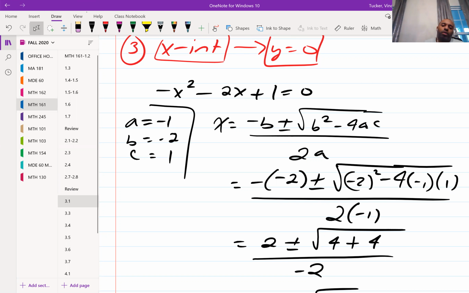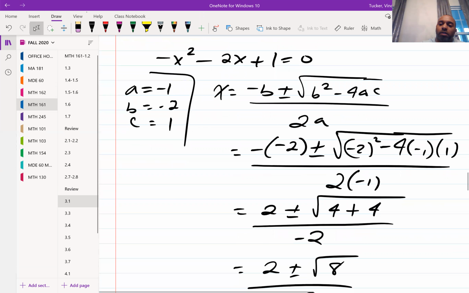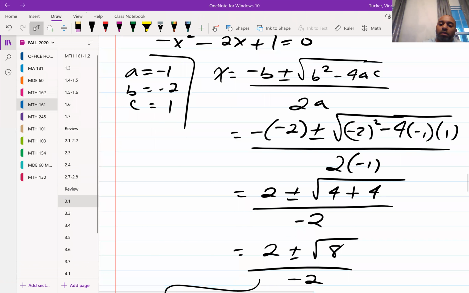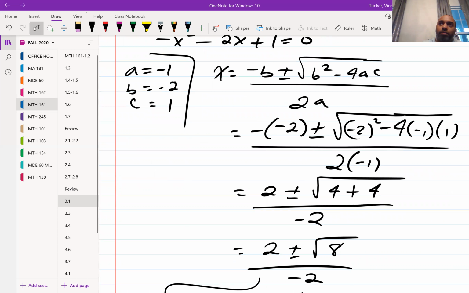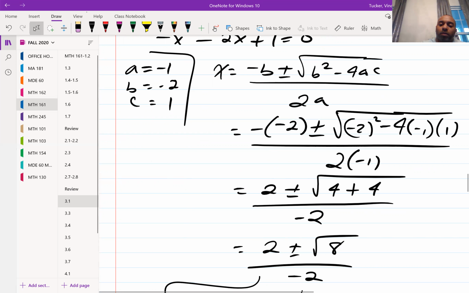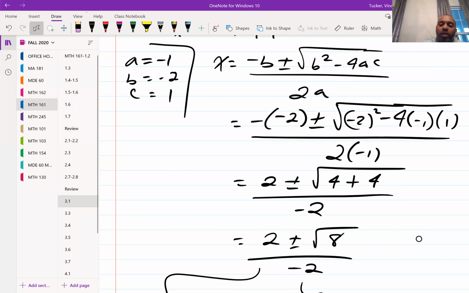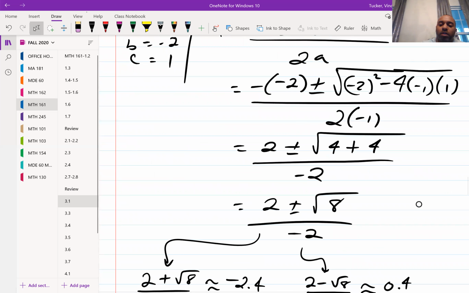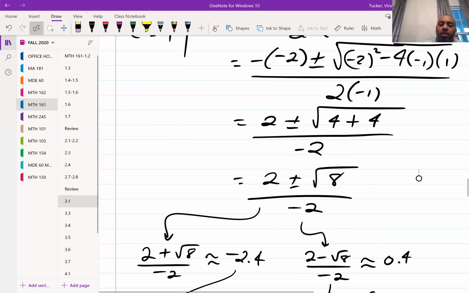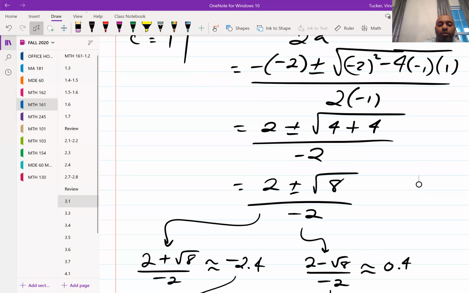So that's 2 plus or minus square root of 4 plus 4, which is the square root of 8, after you do all your simplification. So that's 2 plus or minus square root of 8 over -2. And then got the decimal values for that.